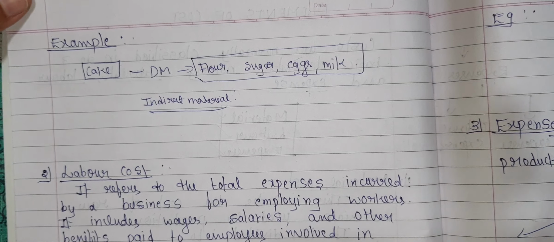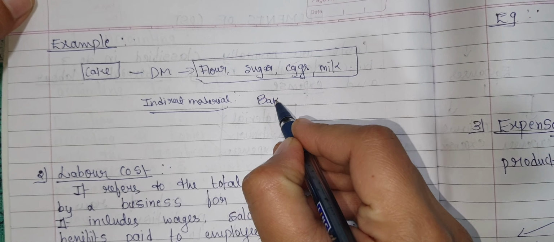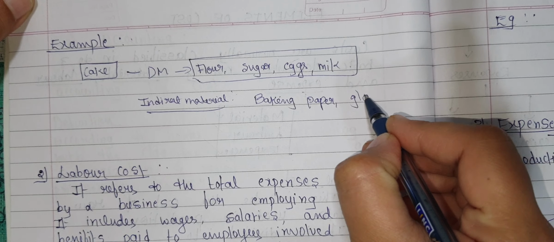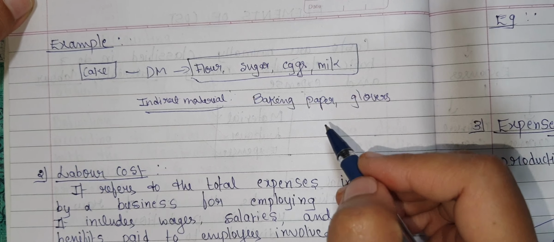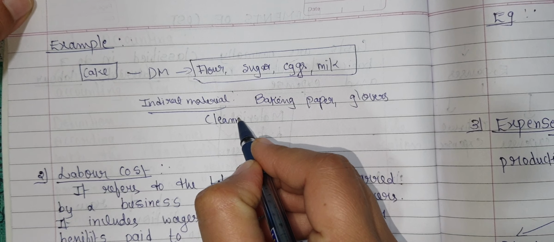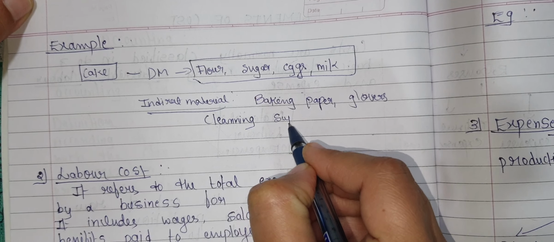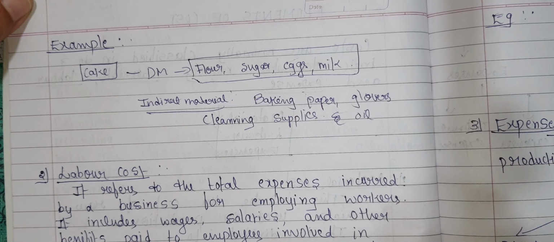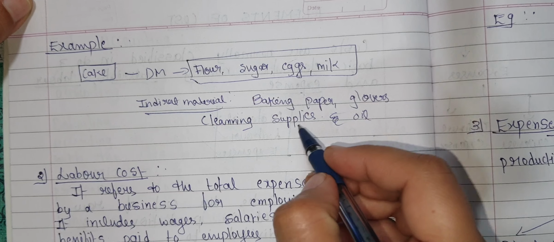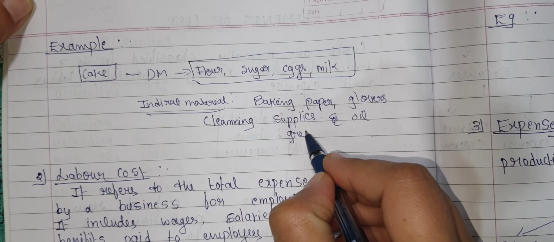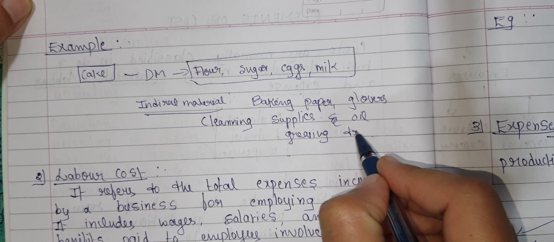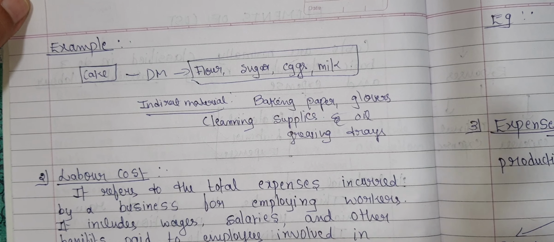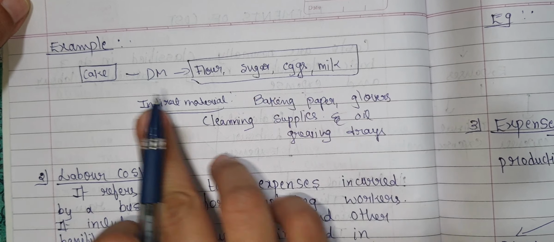See here: baking paper, gloves, cleaning supplies, and oil for greasing the trays. These are the indirect materials; we do not use them directly for the making of the cake.